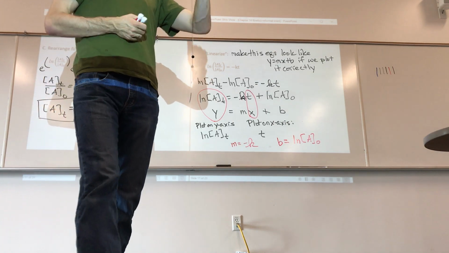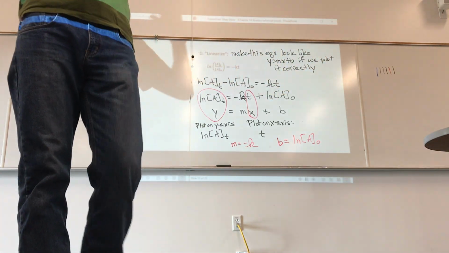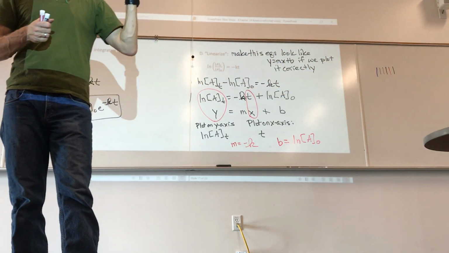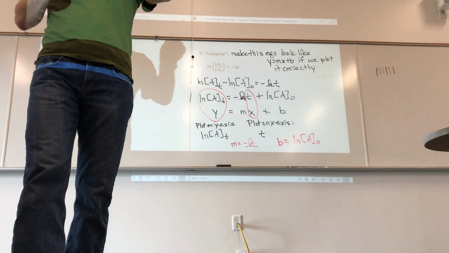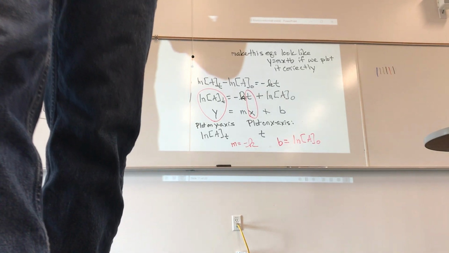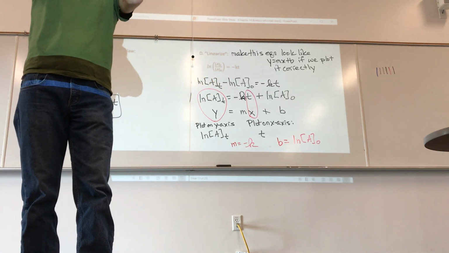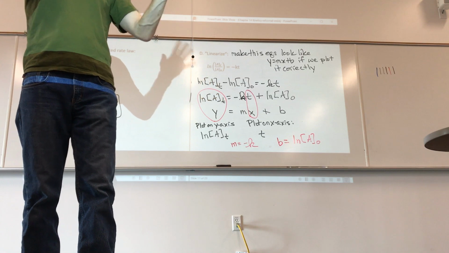One is, you only have to do one experiment, and we're going to determine the rate law. We had to do multiple experiments before with that initial rates stuff. One experiment. Two is, when we determine the rate constant as the slope, we're actually averaging over all the points, so we'll get a better value.